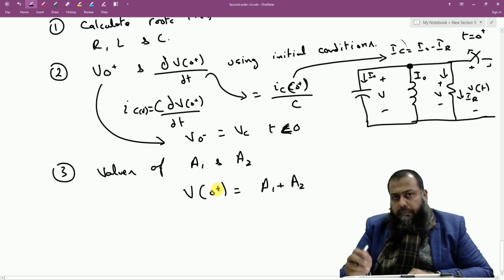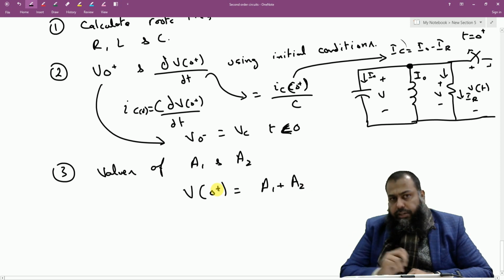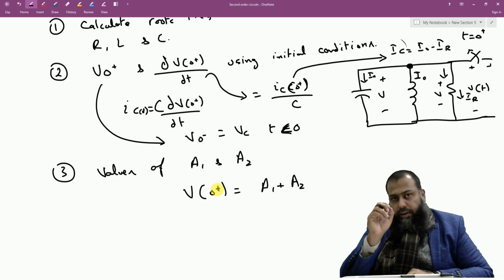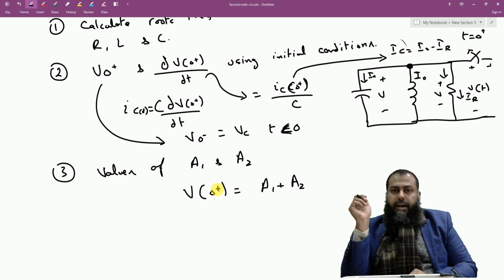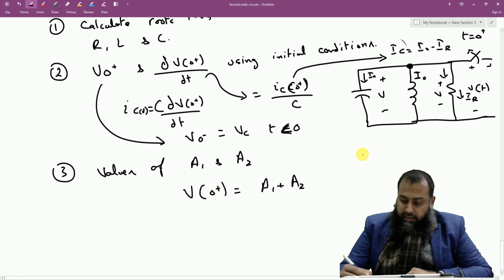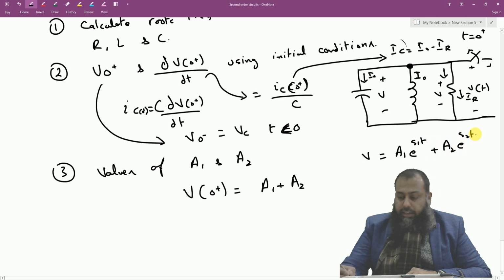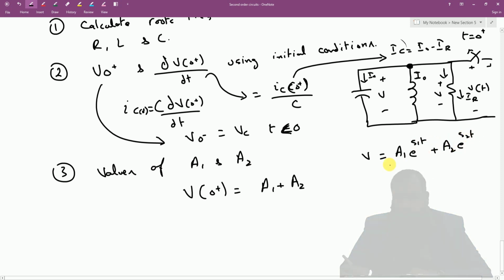This V(0+) is right at the time instant t equal to 0, a very small quantity just after we have operated the switch at time t equal to 0. This means that V, which was equal to A1 e raised to the power S1t plus A2 e raised to the power S2t, on putting t equal to 0 leaves us with only A1 plus A2, and therefore V(0+) is equal to A1 plus A2.